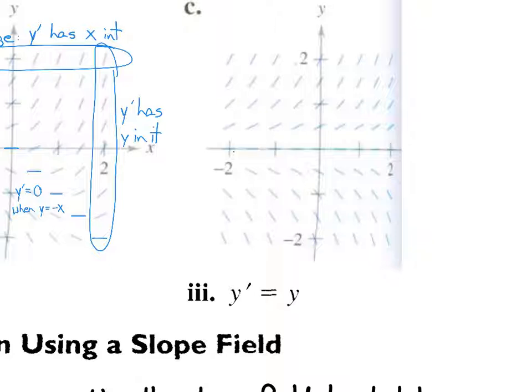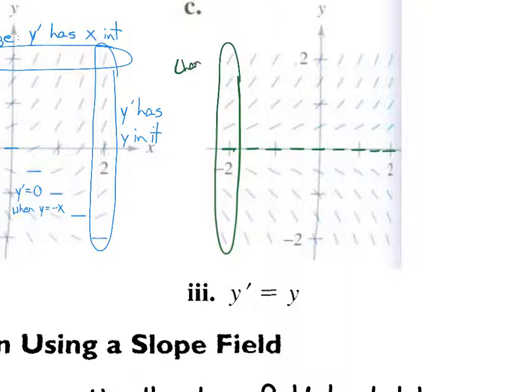Notice on this one, when y is 0, my slopes are all 0. As I look at a column, is y changing? Yeah, so it has a y in it. There is a change, so y prime has a y. Okay?